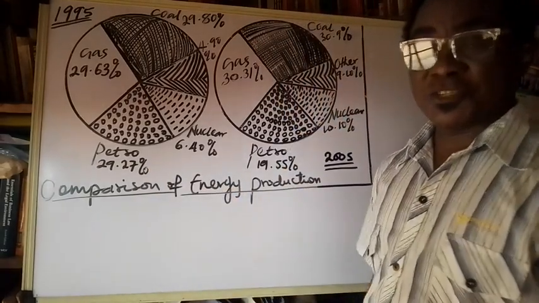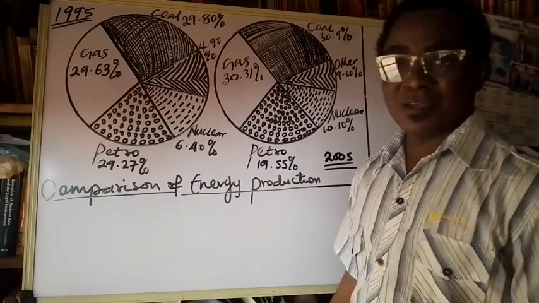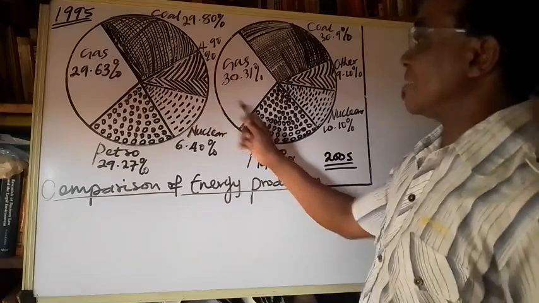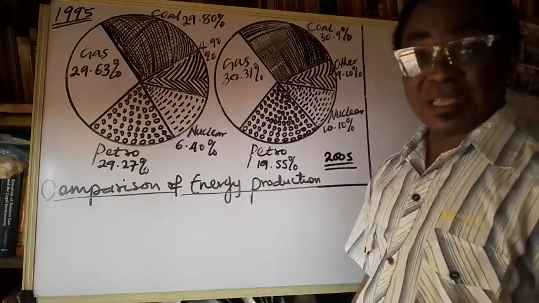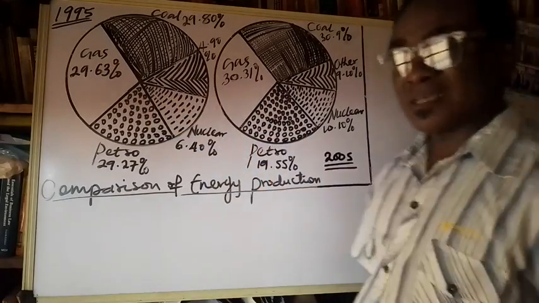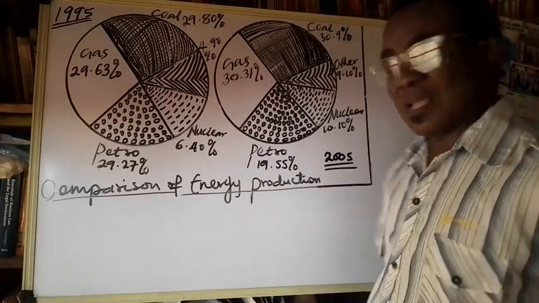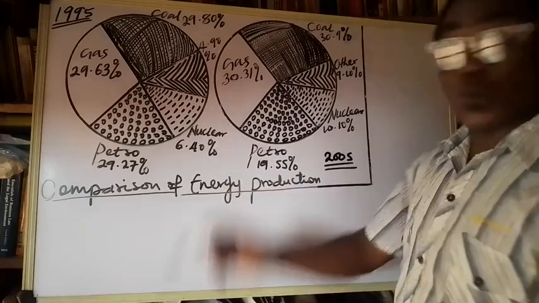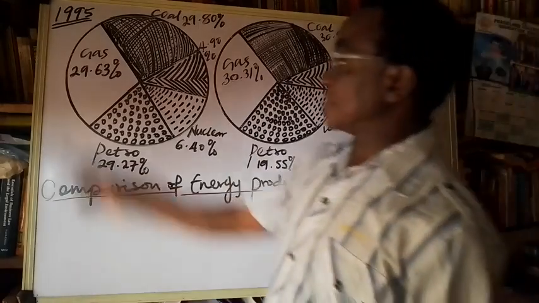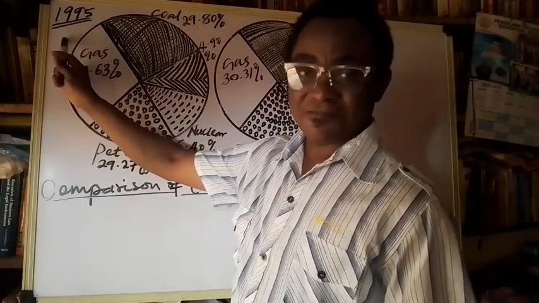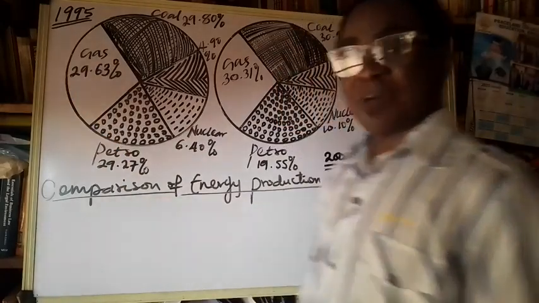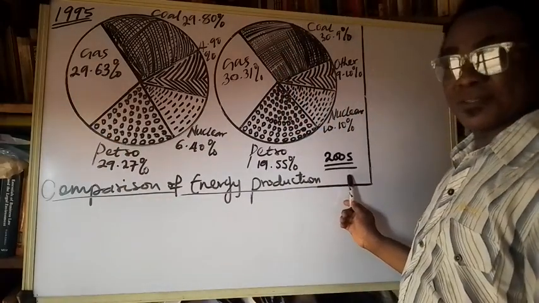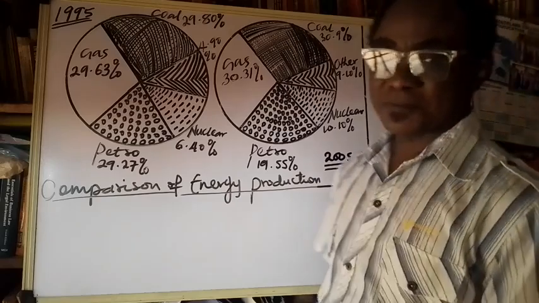A little knowledge of economics already equips you to identify the models you see on the board as pie charts. They are pie charts. And these two pie charts represent 2 years. The first, 1995. The second, 2005.